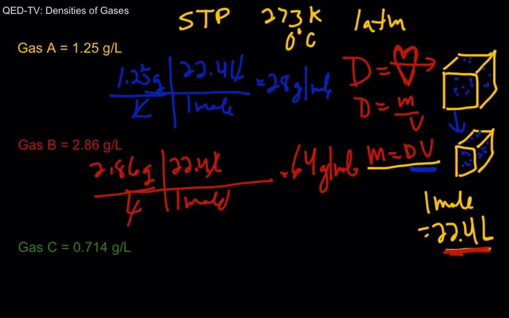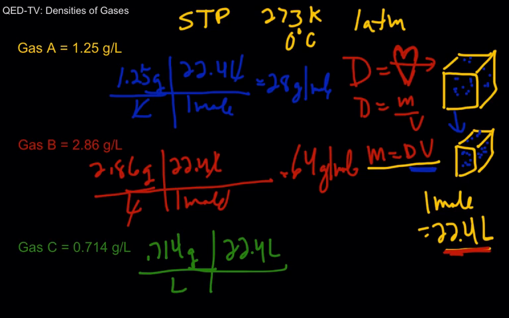And the last one we have here, let's get some green here, 0.714 grams per liter. And there's 22.4 liters in every mole. Liters cancel. 0.714 times 22.4 is 16 grams per mole.